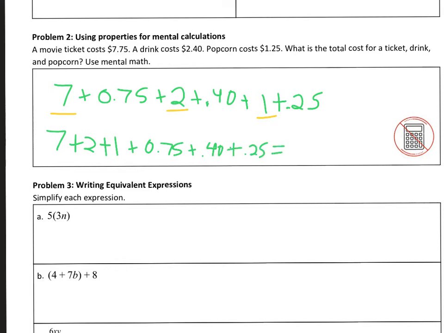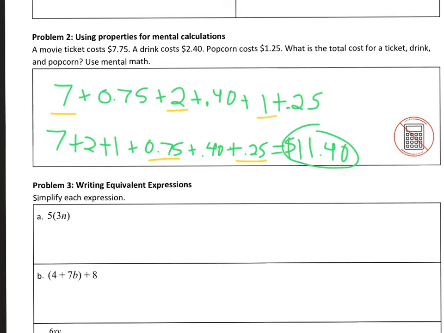That makes it a little bit easier to do in my head because I have $7 plus $2 plus $1. I'm up to $10. And then I see 75 cents, 25 cents. That is an even dollar, so I'm up to $11. So my entire cost for that movie is $11.40.